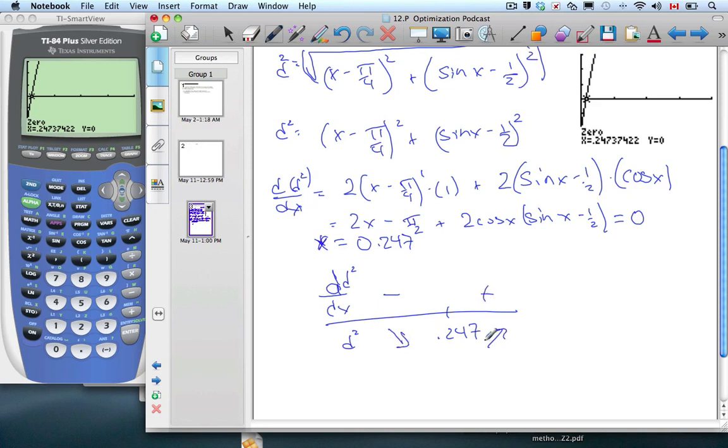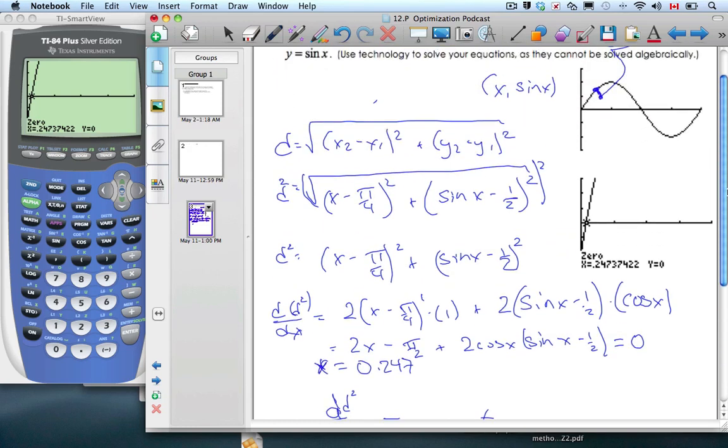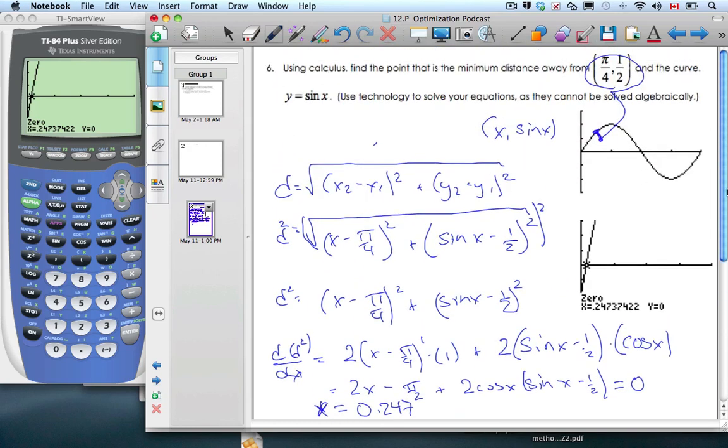Decreasing, then increasing. Therefore, a minimum. So, to answer the question, you can find the point that is the minimum distance away.